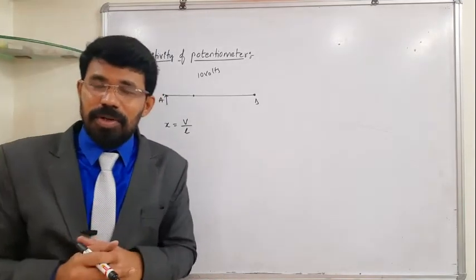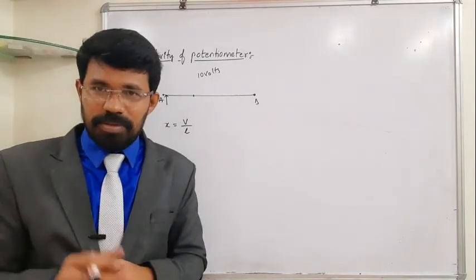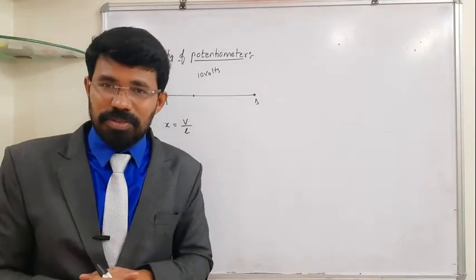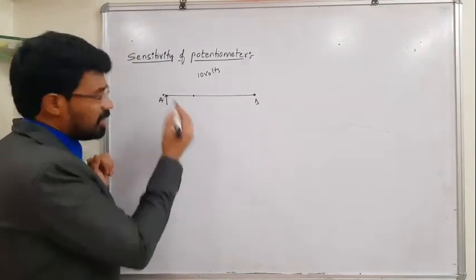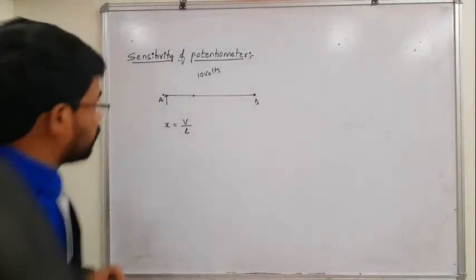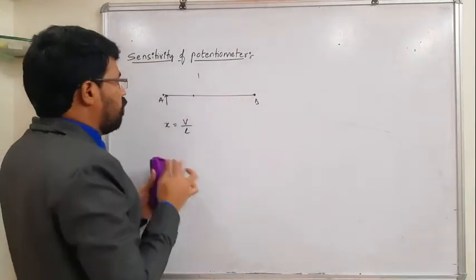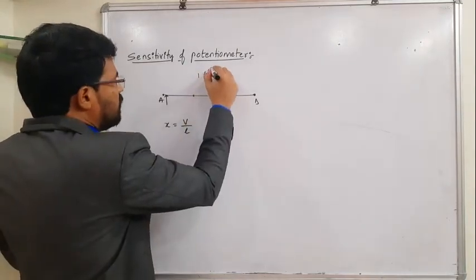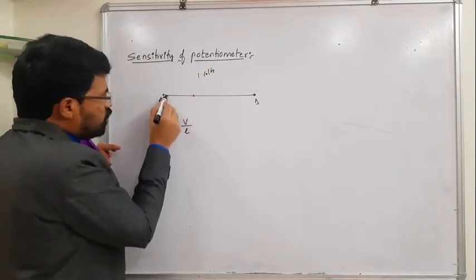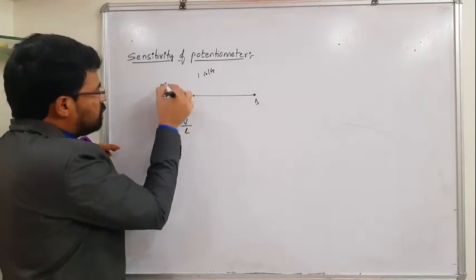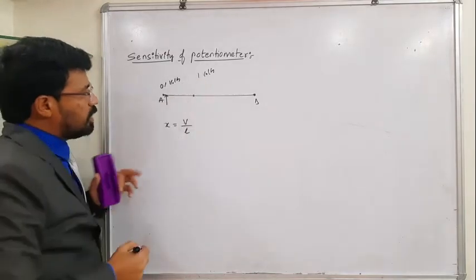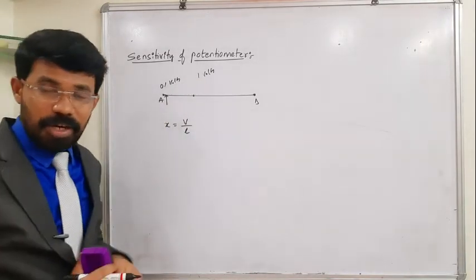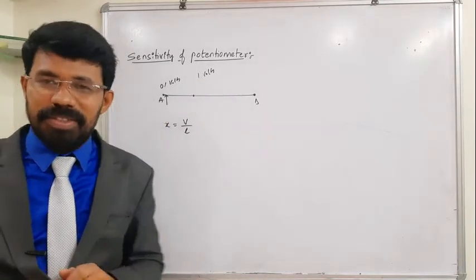Now what do you have to do to increase the sensitivity of the potentiometer? You have to decrease the potential per unit length. Let us say potential per unit length is now 1 volt. If this is the situation and you tap the jockey here, you will be able to measure 0.1 volts. See, approximately this length is 1/10 of this 1 volt, isn't it? So now I will be able to identify the balancing length.